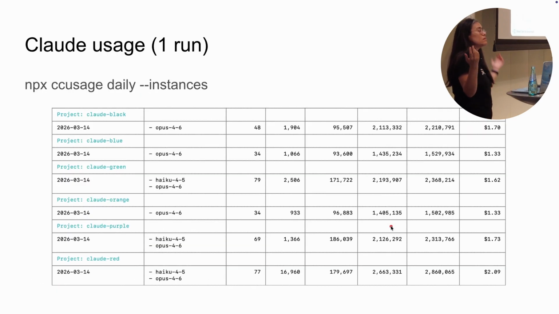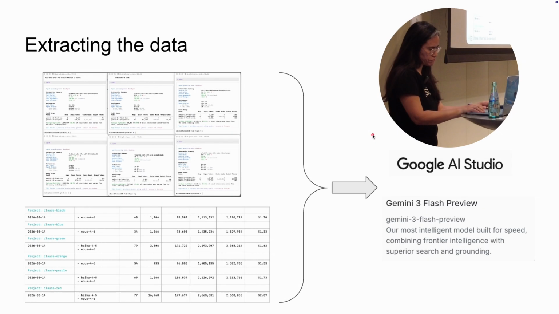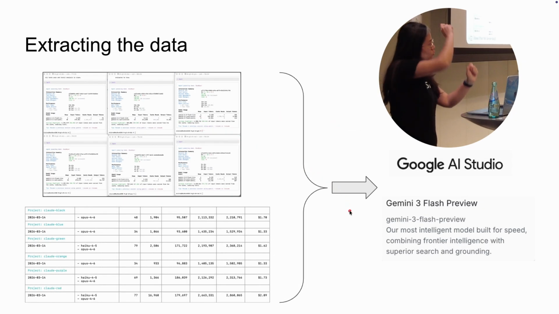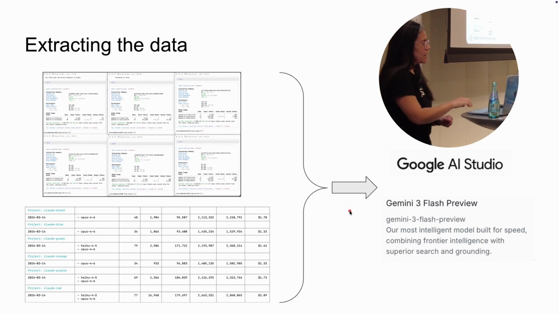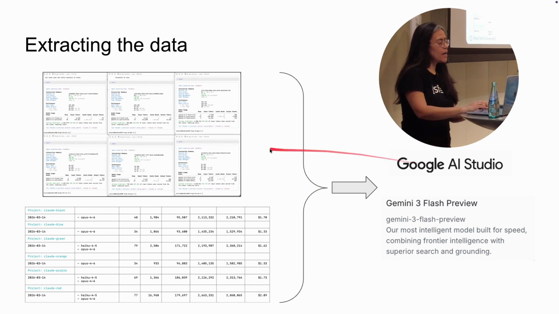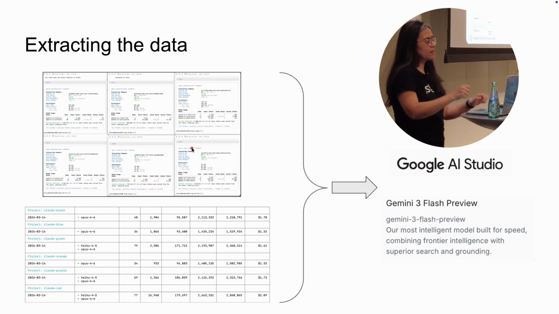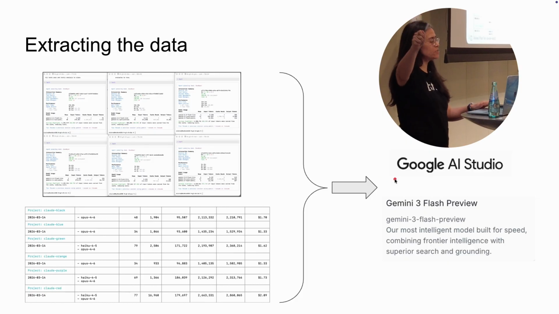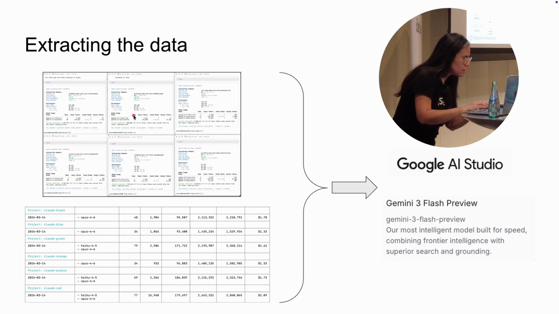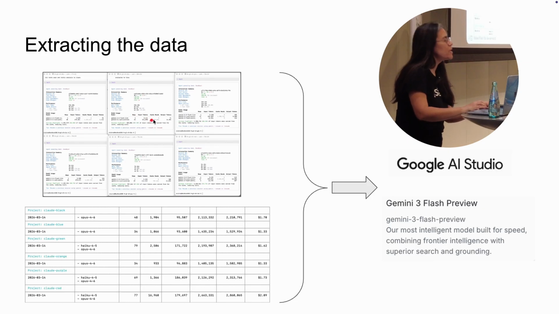This tool, as far as I'm aware, is not providing the number of requests. So I only assessed the number of tokens that were used. And I screenshotted everything. I put it on the side, and then I took every screenshot that I have, put it on Google AI Studio, and I said, okay, I have information on this column and this column.